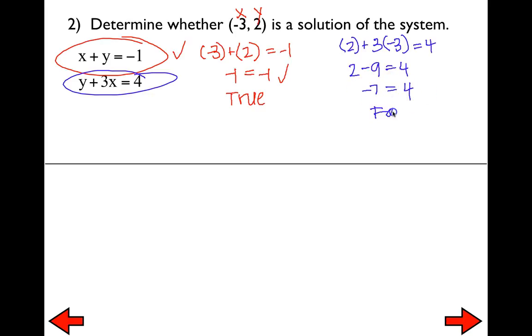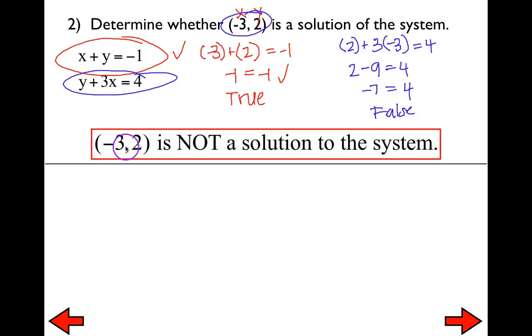That is false. This one does not work. So because this solution doesn't work for the equation, this is not a solution to the system, because a solution must work for both. So I'm going to say that (-3, 2) is not a solution to the system.